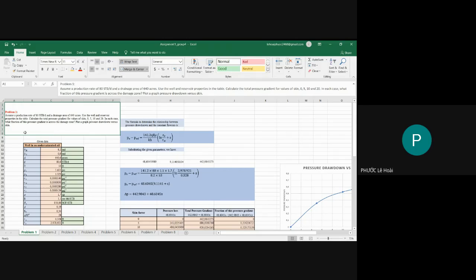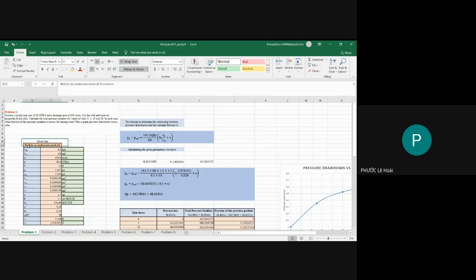Use the well and reservoir properties in the table here. We will calculate the total pressure gradient for skin values of 0, 5, 10, and 20. Then we will plot the graph of pressure drawdown versus the skin.